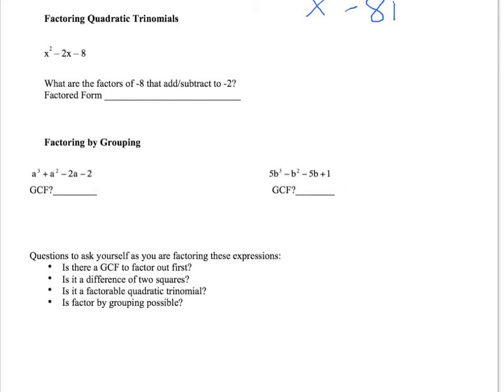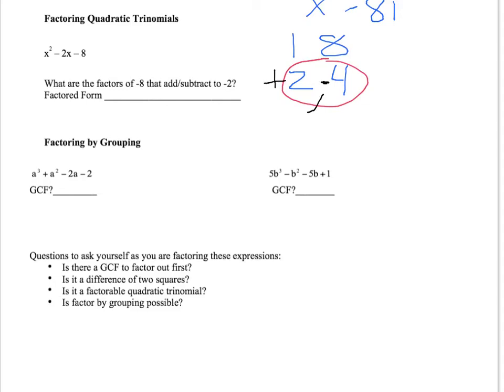So my factors of 8, if I were just thinking about it, would be 1 and 8, 2 and 4, and that's it. But I want two numbers that are going to add or subtract to a negative 2. The only one that's going to do that is the 2 and the 4. In order to add or subtract to a negative 2, I am going to need to have a positive 2 and a negative 4.